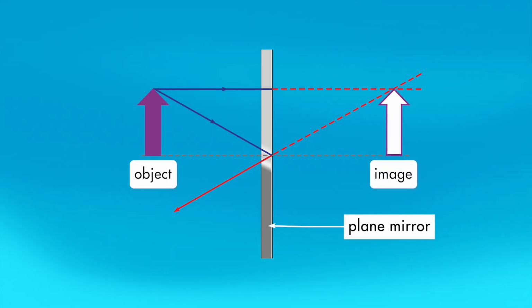The top of the image will appear at the point where the two reflected ray extensions converge. Since the extensions converge above the optical axis and even with the top of the object, the image will be upright and the same size as the object.